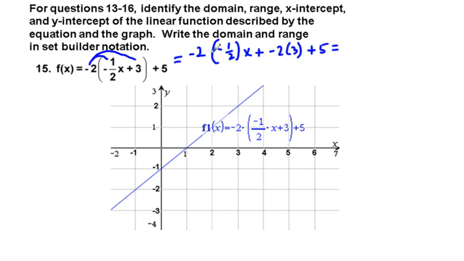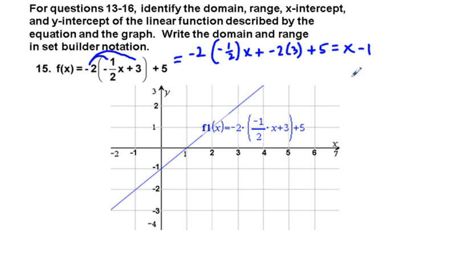Now I'm going to work over to the right. This negative 2 times negative 1/2 is going to cancel out to be just 1. So that'll be 1x. And then negative 2 times 3 is negative 6. Negative 6 plus 5 is going to be minus 1.